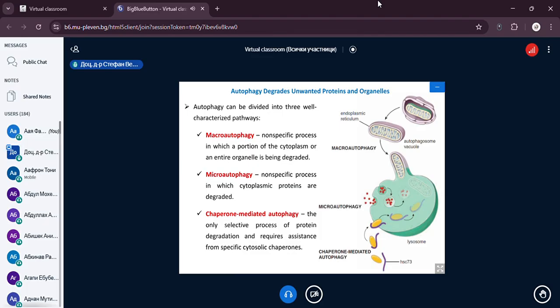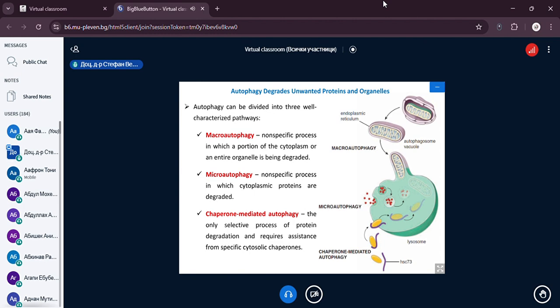Autophagy can be divided in three well-characterized pathways. The first one is what I described till now. This is macroautophagy. This process is for entire organelles which are being degraded in the lysosomes, and the process is not a specific process.